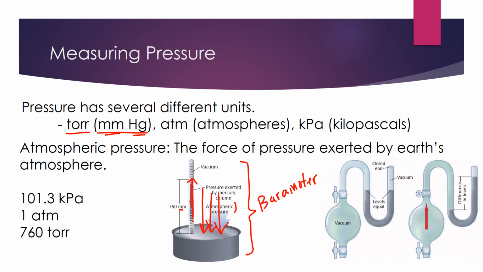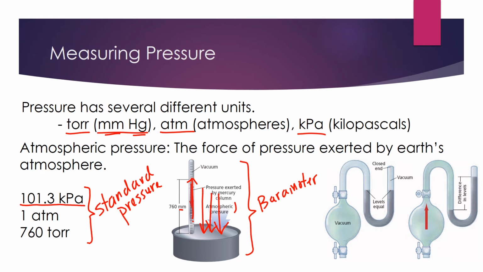Now, we have what's known as standard pressure. And these three values here are pressure in standard pressure. This is just the pressure we feel on any given day while we're outside. Our other two units of pressure are atmospheres or kilopascals. At standard pressure, the pressure will be 101.3 kilopascals.